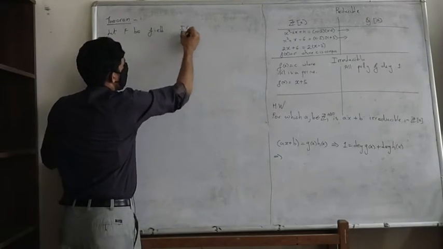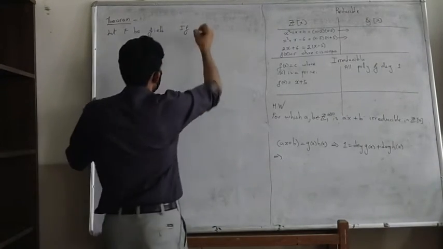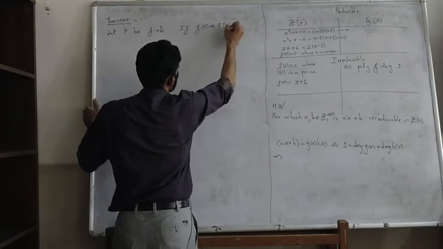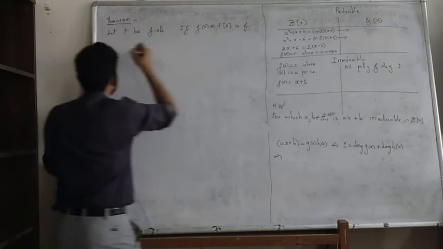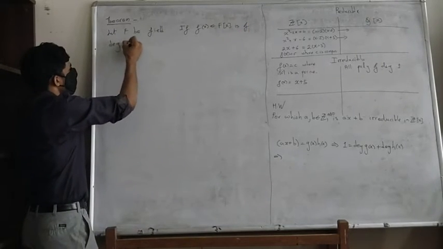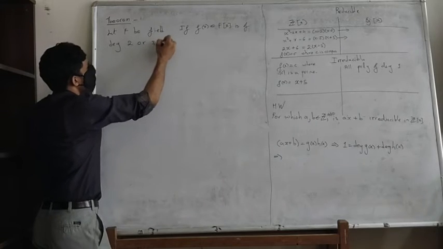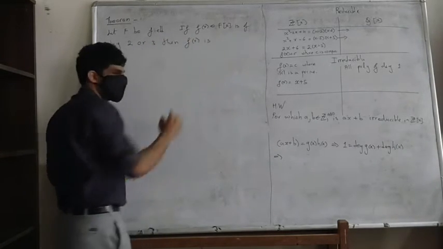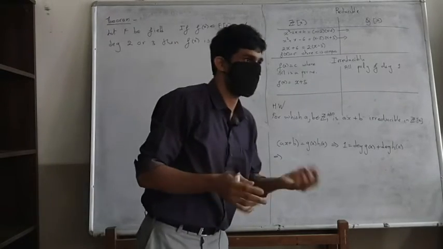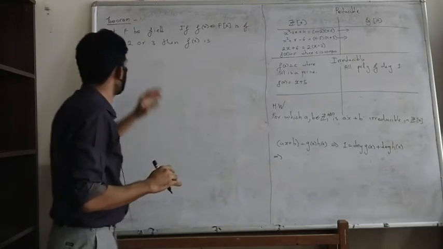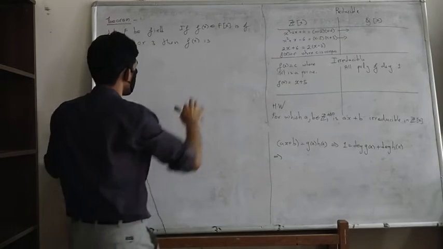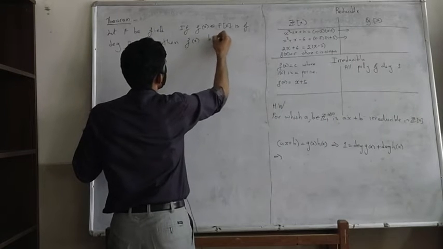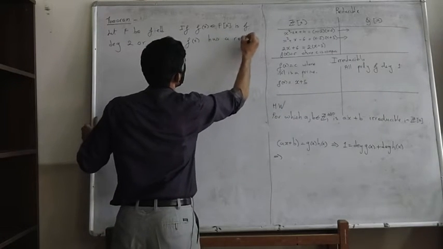It's actually a simple observation: if f of x in F[x] is of degree 2 or 3, there is some relation between irreducibility and reducibility and roots, but that only works in degrees 2 and 3.